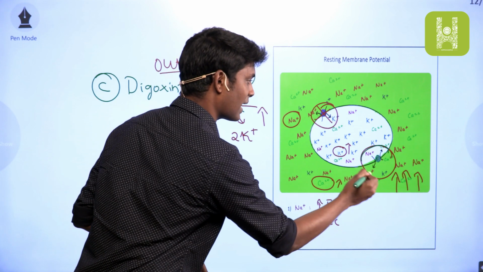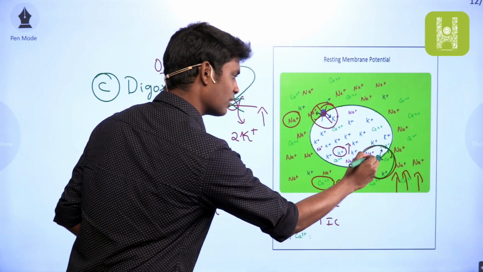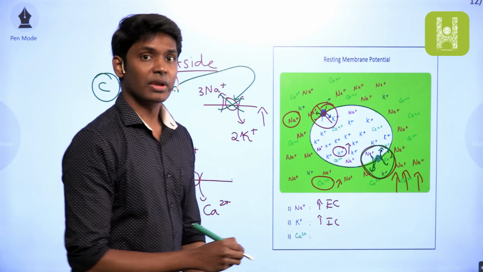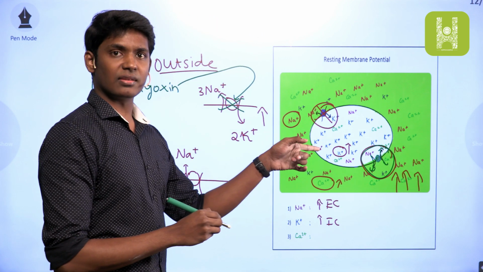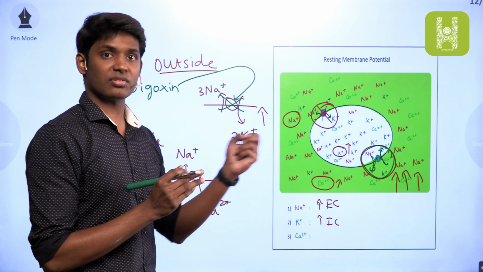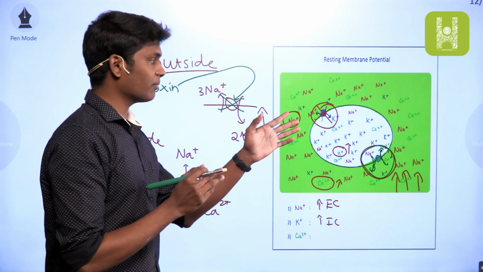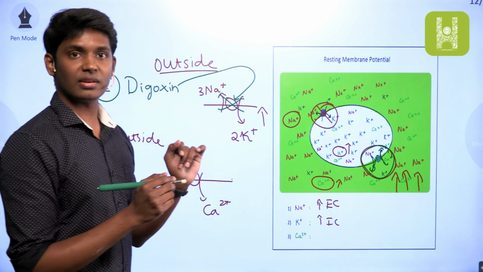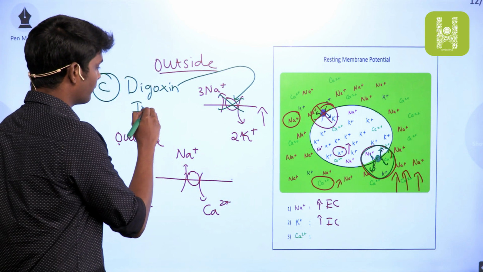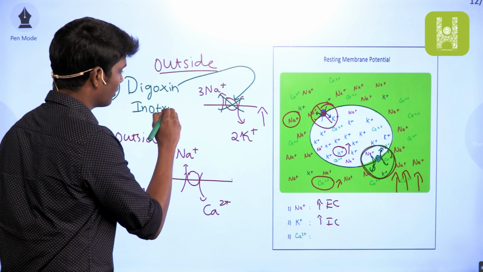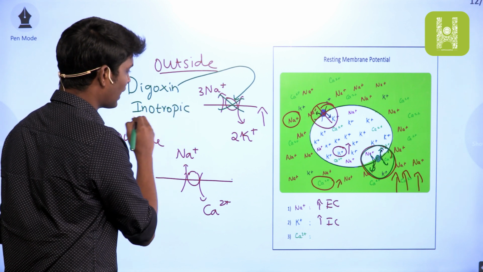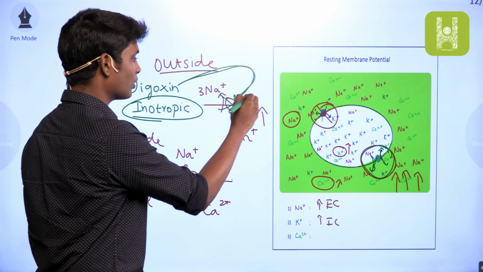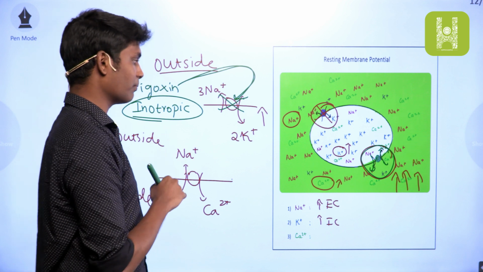So this pump becomes active, and sodium will be pushed out, whereas calcium will be pushed in. When more calcium enters the cell, we all know calcium is needed for the contraction of a muscle cell. So as more calcium comes inside, the force with which the muscle contracts is more. That is how digoxin exerts its inotropic effect. So that acts via the sodium potassium ATPase pump.